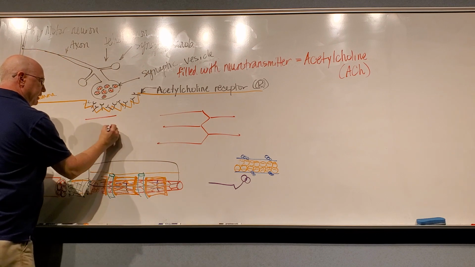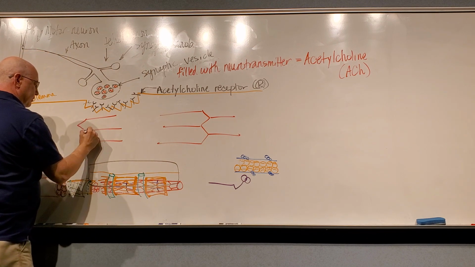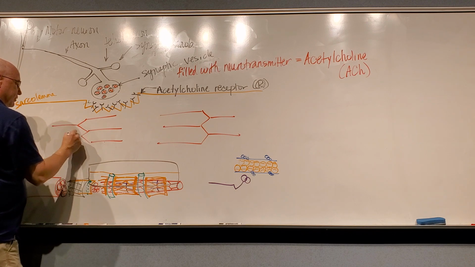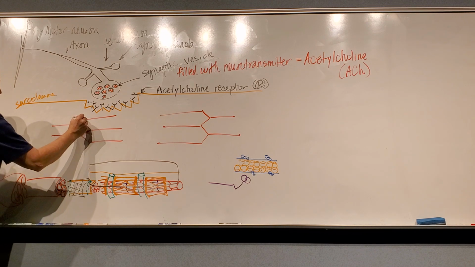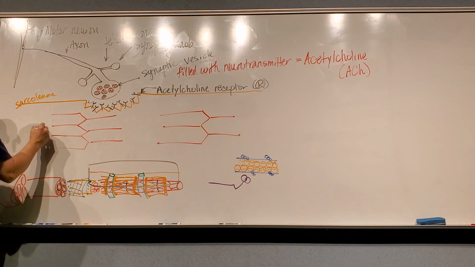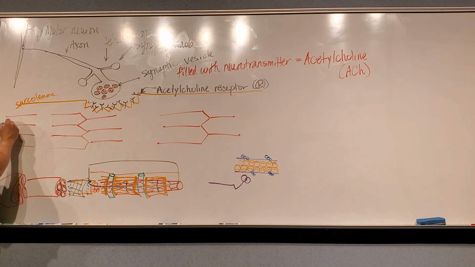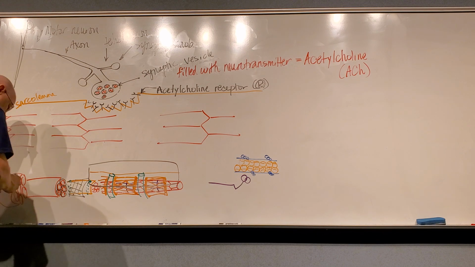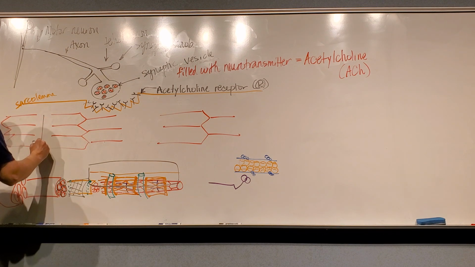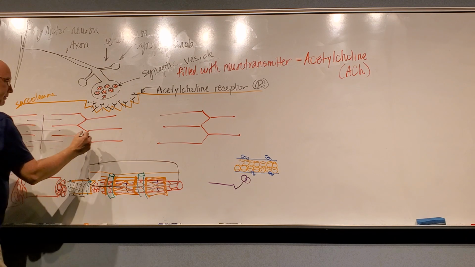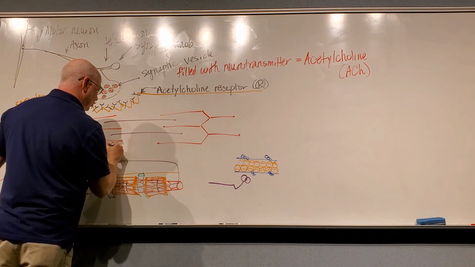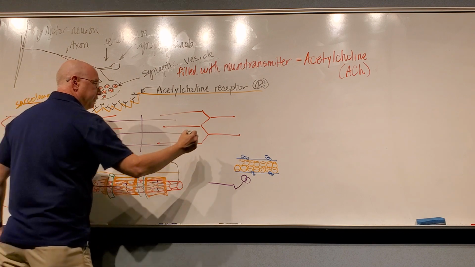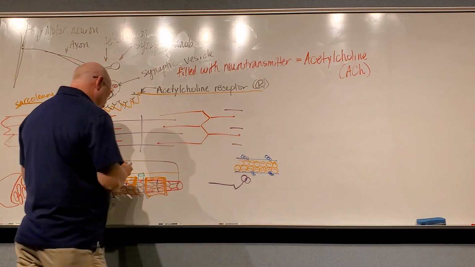I'll have another Z line here with some more actin filaments. And this whole thing will repeat. This is my myofibril, and you get the picture. I'll have my myosin filaments, my M line, my myosin filaments. We've studied the structure of a sarcomere. You should know it very, very well. And so on and so forth.